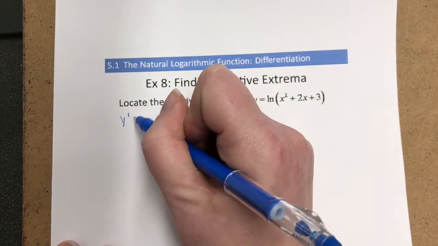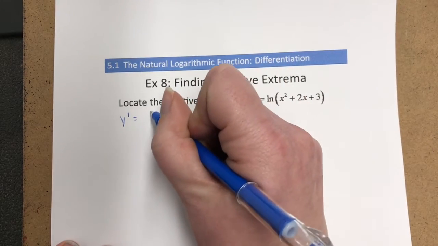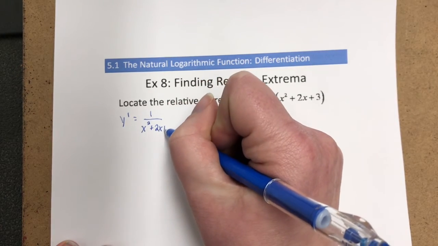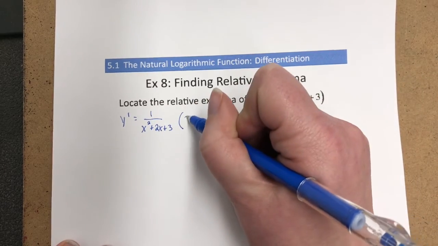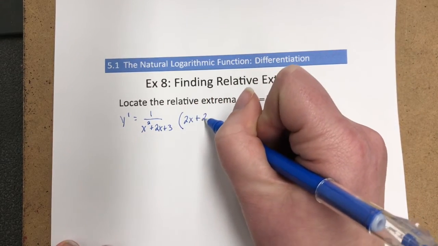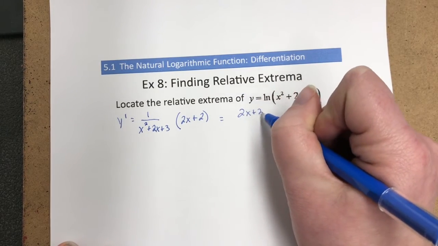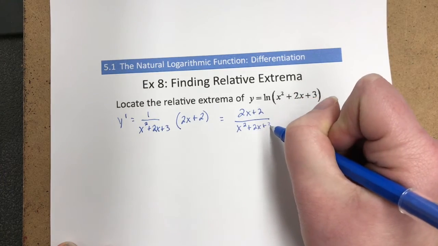My derivative of the natural log of x squared plus 2x plus 3 would be 1 over x squared plus 2x plus 3 times the derivative of the argument, which would be 2x plus 2. So essentially, I have 2x plus 2 over x squared plus 2x plus 3.